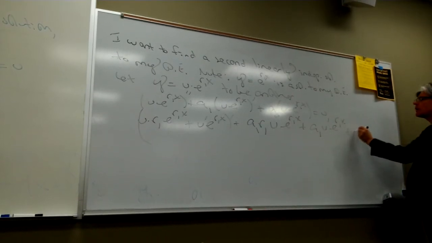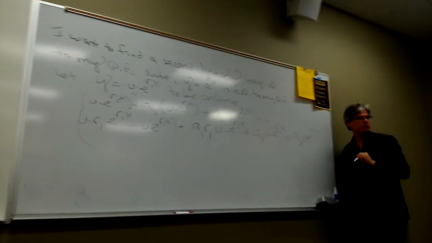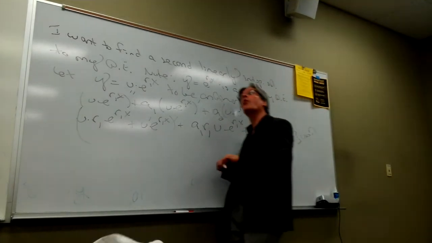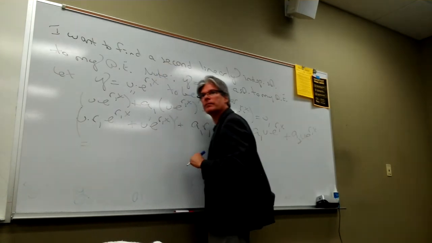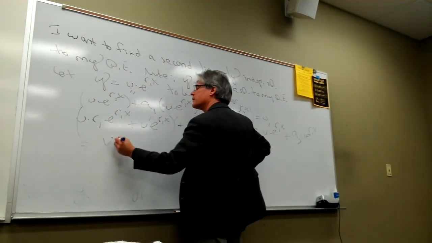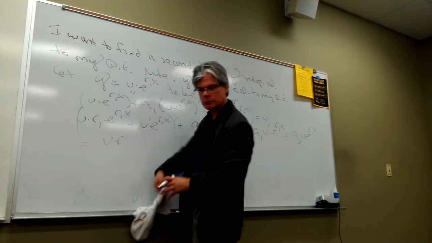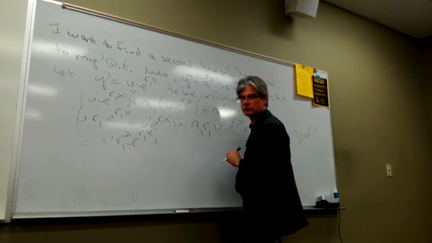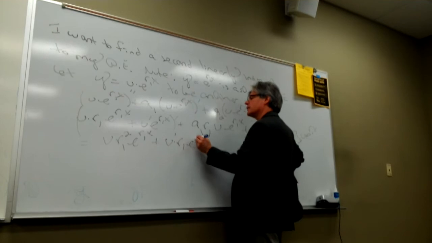Oh, and I've got the lingering plus a sub 2 u e to the r1x. Well, I guess I do have to dive in and differentiate one more time. Oh, shoot, that means a product rule a couple times. Okay, here goes. I got the first times the derivative of the second, plus the derivative of the first times the second as is.